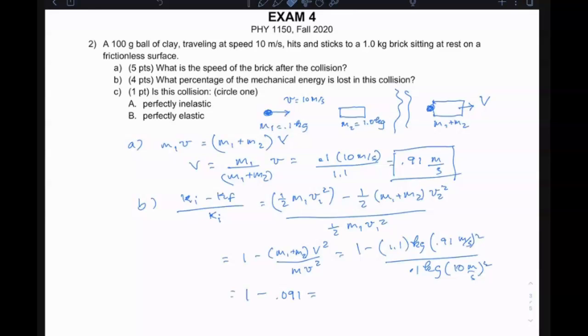And this is equal to 1 minus 0.091, which is equal to 0.91.